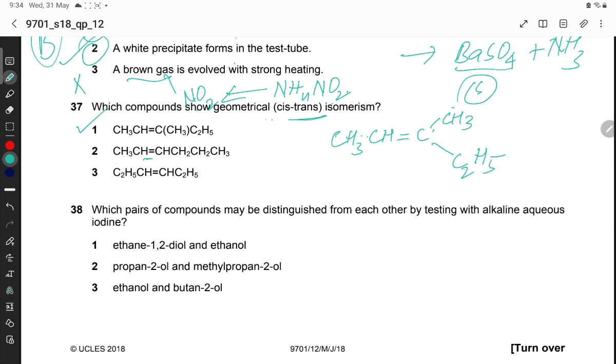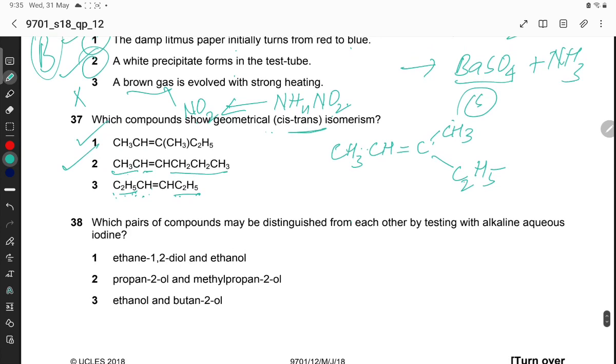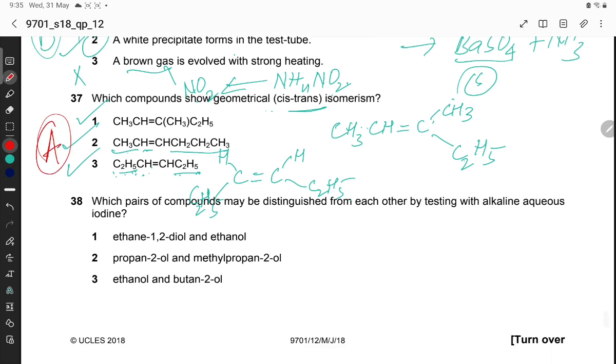CH3 double bond over here, so different groups also show geometrical isomers. C2H5CH, C2H5CH, so the same groups are present on the double bonded carbon. Each double bonded carbon must have two different groups, like CH C2H5 double bond CH C2H5. So it must have cis-trans isomers. This is also correct. So option A is for this reaction.